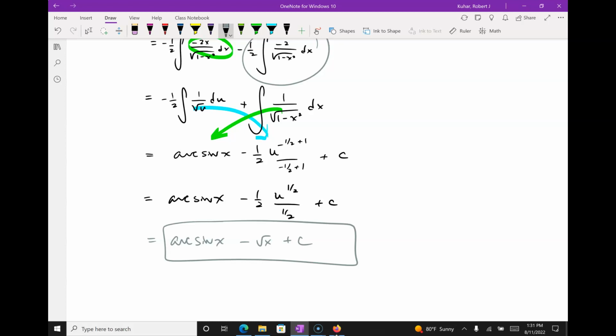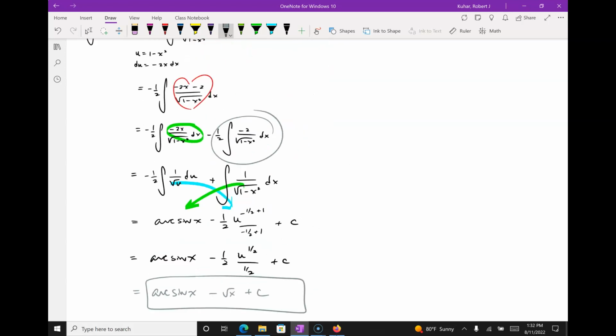I could recognize it as a u sub and then a leftover piece, right? And now comes the worst one, completing the square. We ready yet? Nope. Exactly. Minus 1/2 times a minus 2 is 1.